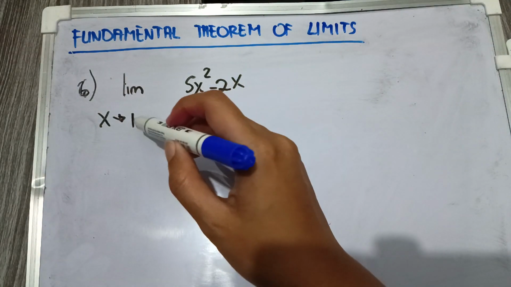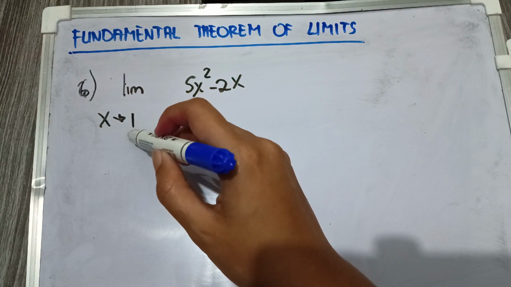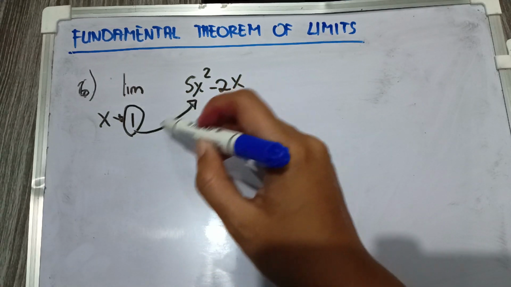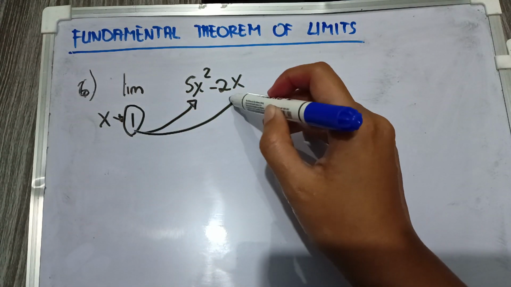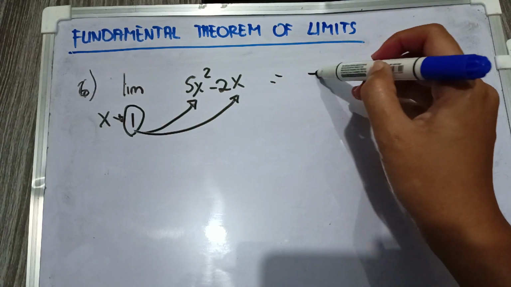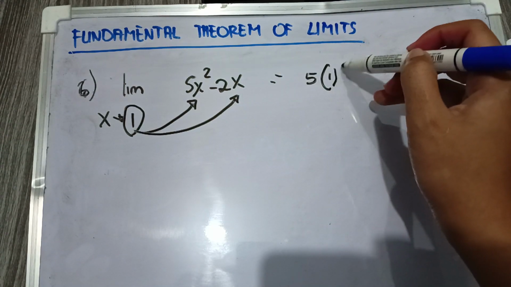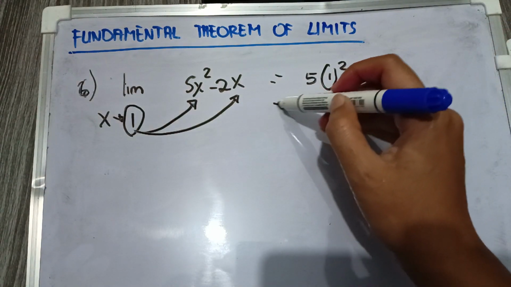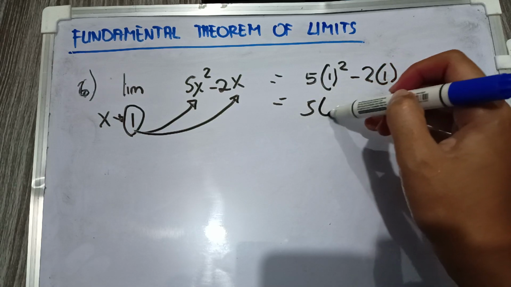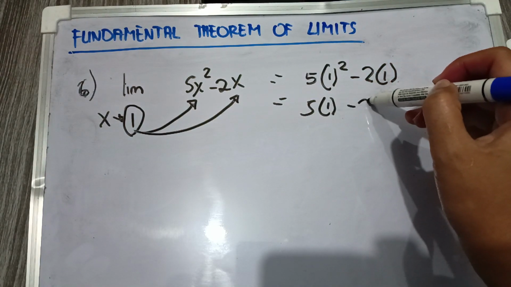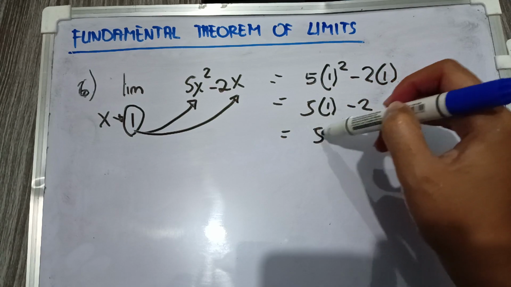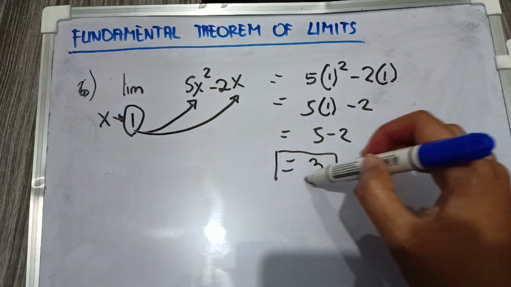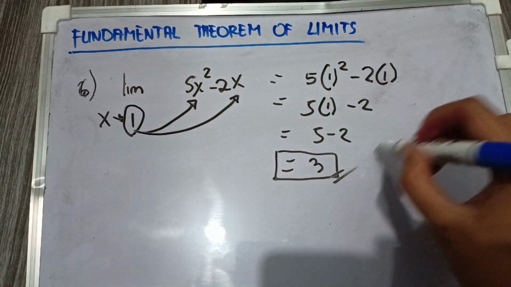Same process. Let's directly substitute this to this and to this. So that will be 5 times 1 squared minus 2 times 1. That is 5 times 1 minus 2, that is 5 minus 2, and that is equal to 3. That is the answer.